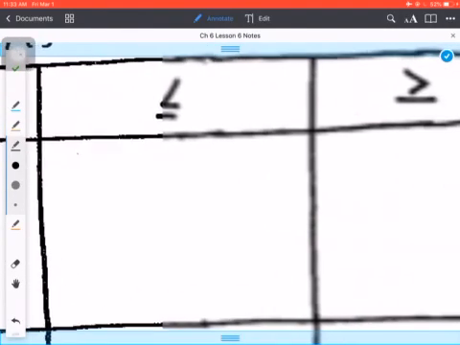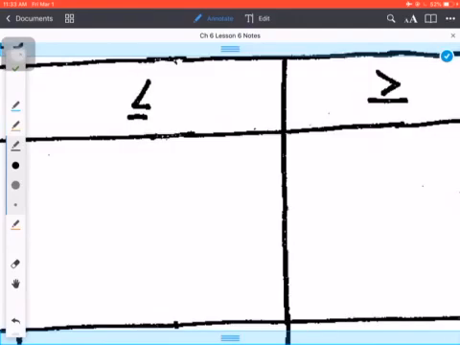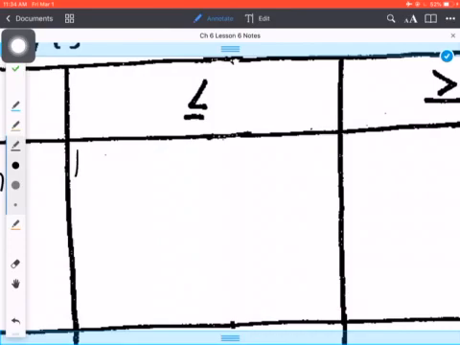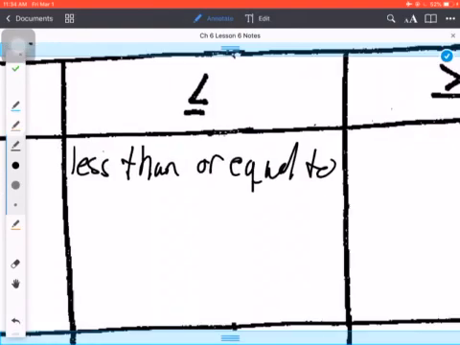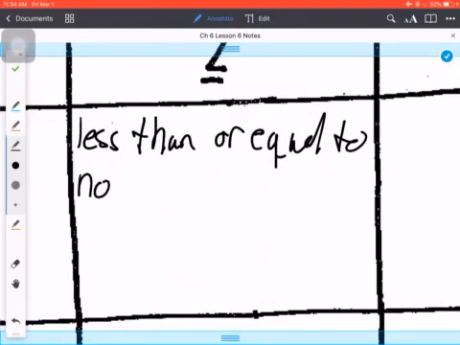Now we have some other symbols here as well. Very similarly to the less than and greater than symbols, the only difference is these have lines underneath. So this symbol here is called the less than or equal to. And we can say that it's no more than or at most.